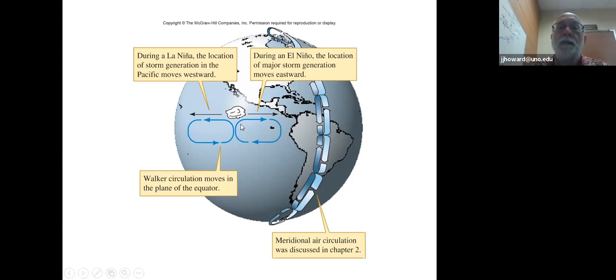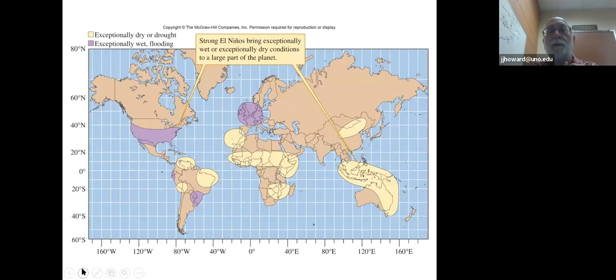Okay. Now, as a result of this, this is not limited to the Pacific Ocean. This causes then changes in the location of all of climatic events throughout the world.